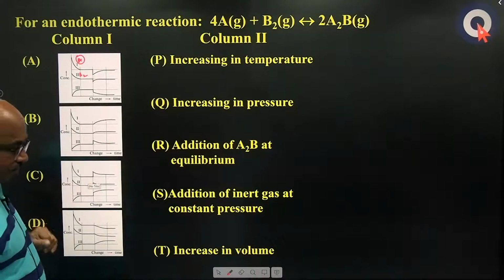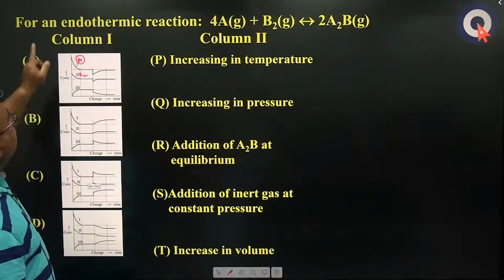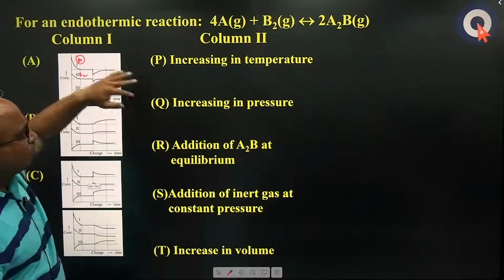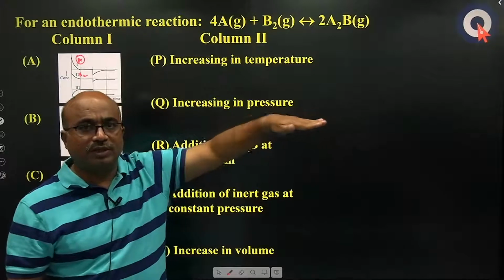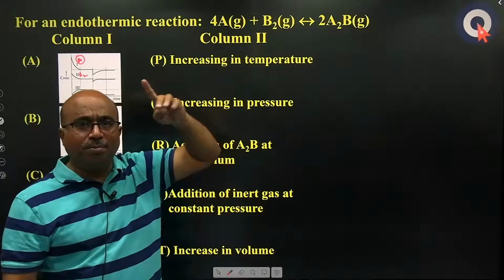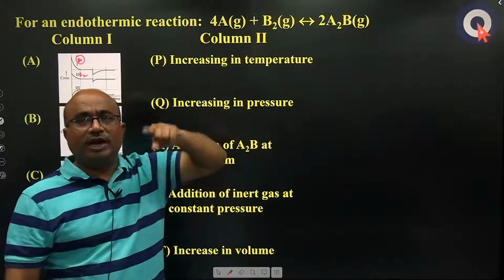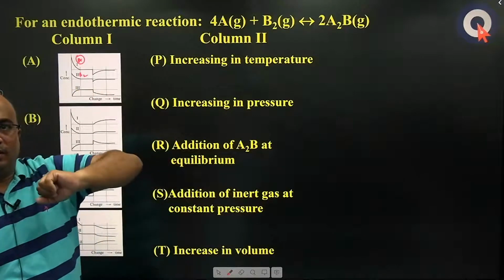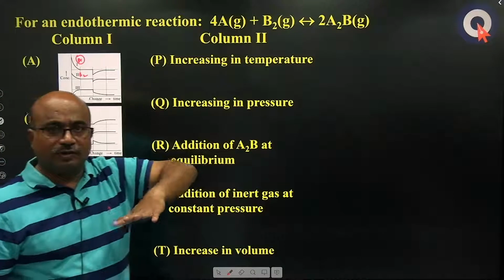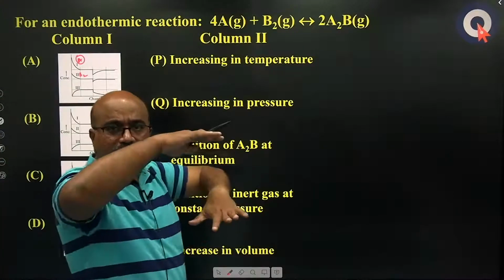When will it fall? If the reaction is endothermic and you increase the temperature, the reaction moves forward. That means A and B2 have to decrease. A2B should not decrease. Clear? Because the A2B concentration should increase.